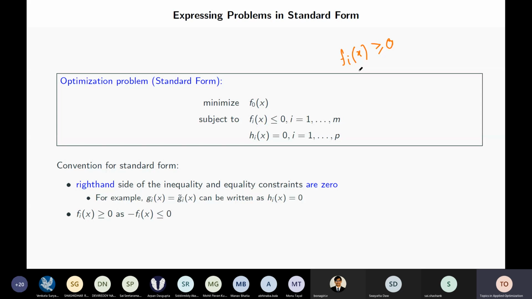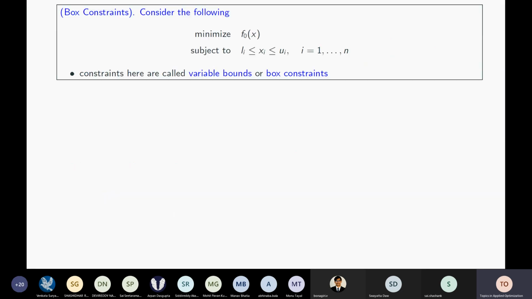So you have to change this, then it will be minus fi x is less than equal to 0, and you redefine this as f tilde i x is less than equal to 0. So now if you are passing this into a library, you have to pass fi tilde. These are the things one has to notice. In standard form, you must have less than equal to, and you must have zeros on the right hand side of the inequality or the equality.